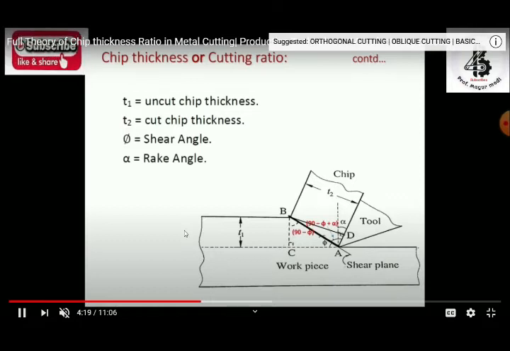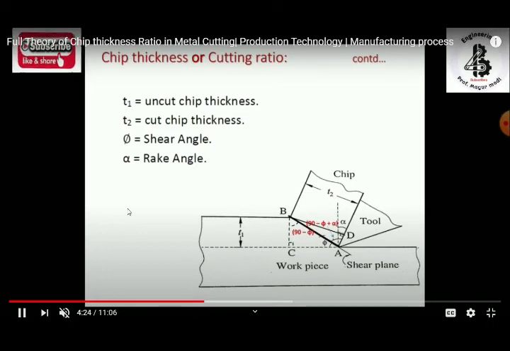So AB, by cross multiplication, AB is equal to BC by sin phi. What is the BC? Here BC is equal to T1, BD is equal to T2. That's why, from right angle triangle ABD, two triangles are visible, ABC and ABD.